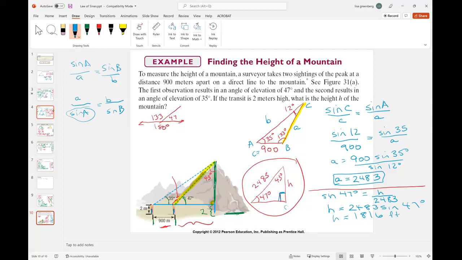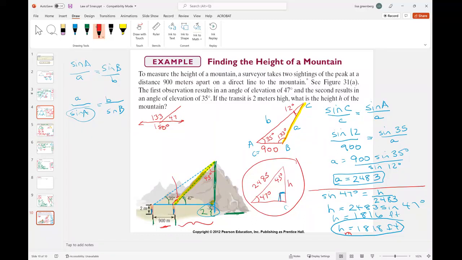But don't forget, we always have to add this 2. So it would be H equals 18 feet altogether, or the height of the mountain, not H, but I guess I should say the height of the mountain. So H mountain, okay?